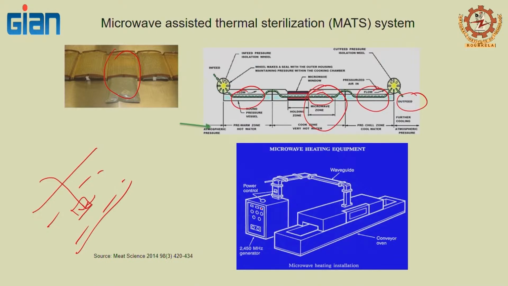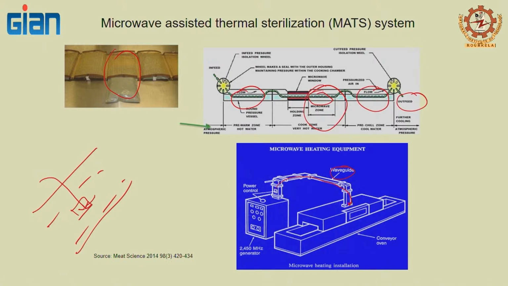Concept wise, you have a power generator which generates the microwave, and you deliver it through the waveguide to the treatment chamber. The treatment chamber is like a large water bath, inside which you have a conveyor belt, and on the conveyor belt you have these pouches moving through.